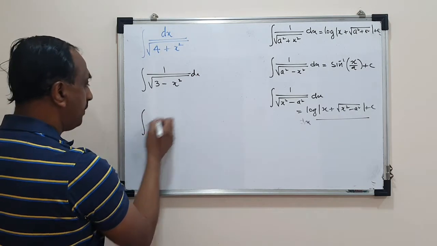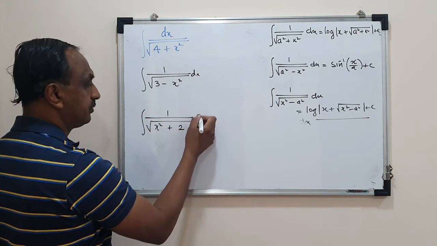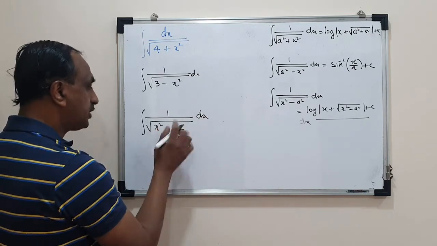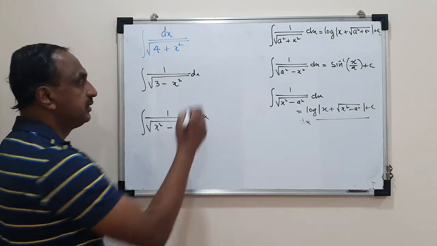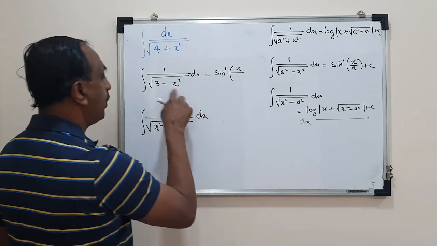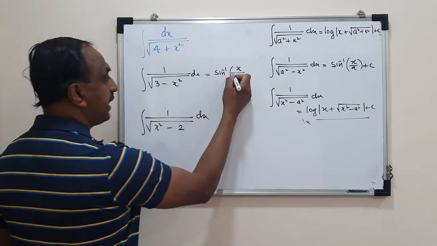If it is 1 upon root of x square plus 2, this will not be sine inverse. Or x square minus 2 will not be sine inverse. This alone is sine inverse. So you will write sine inverse x upon coefficient of a square. A square is 3, so a is root 3.